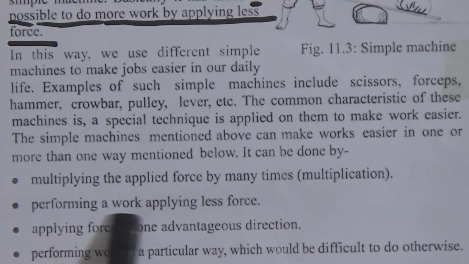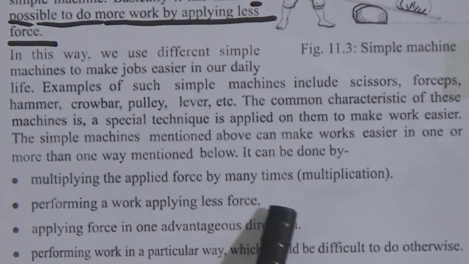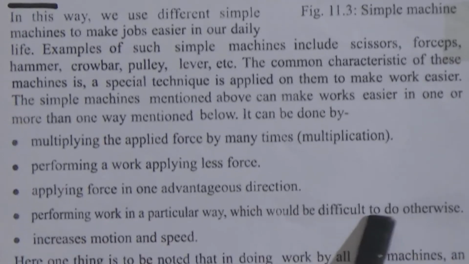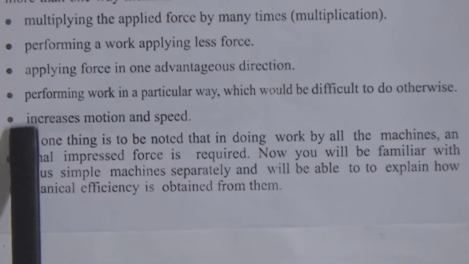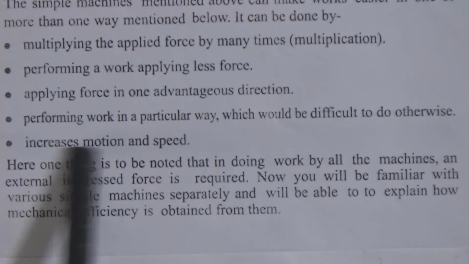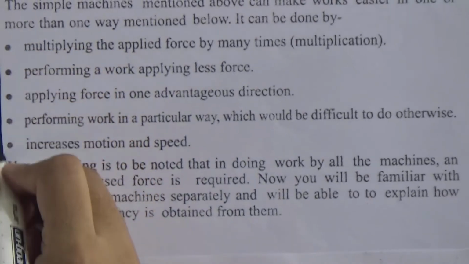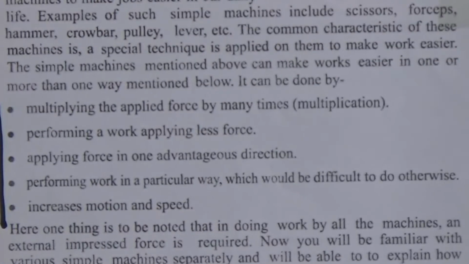Second one, performing a work applying less force. Third one, applying force in one advantageous direction. And fourth one, performing work in a particular way which would be difficult to do otherwise. And fifth one, increase motion and speed. Dear students, you have to learn these points.